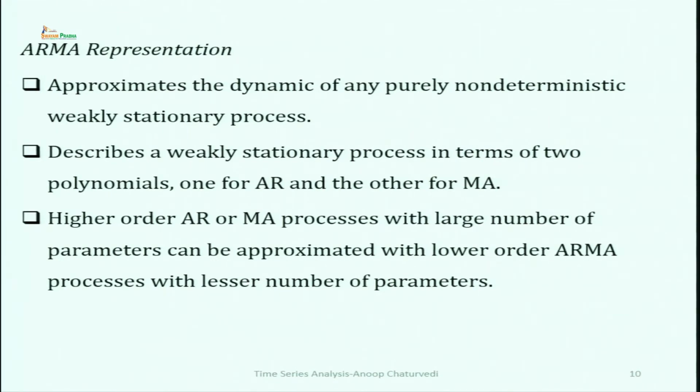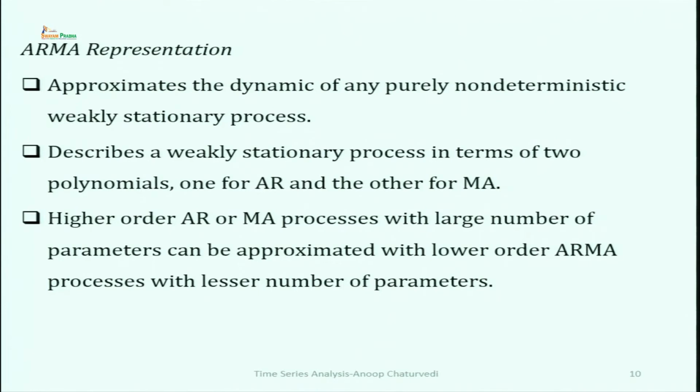Similarly, suppose you have a moving average process of very high order. Again, you can approximate the polynomial involved in that moving average process by the ratio of two polynomials of much lower order, or you can approximate the moving average process by an ARMA process of much lower order, and this ARMA process involves much lesser number of parameters.